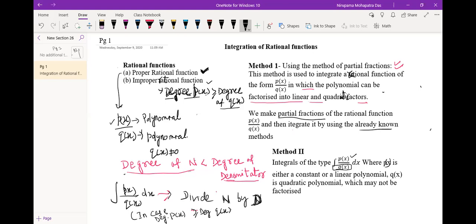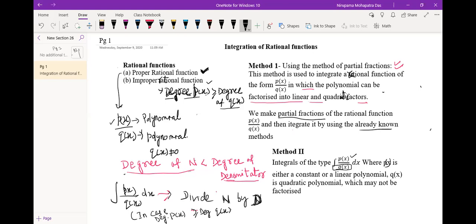In fact there is no restriction on p(x). In both cases p(x) may be linear, quadratic, cubic or anything, or a constant. So p(x) can be any polynomial. In the first method we discuss when q(x) can be factorized into two or more factors, which may be linear or quadratic in nature.